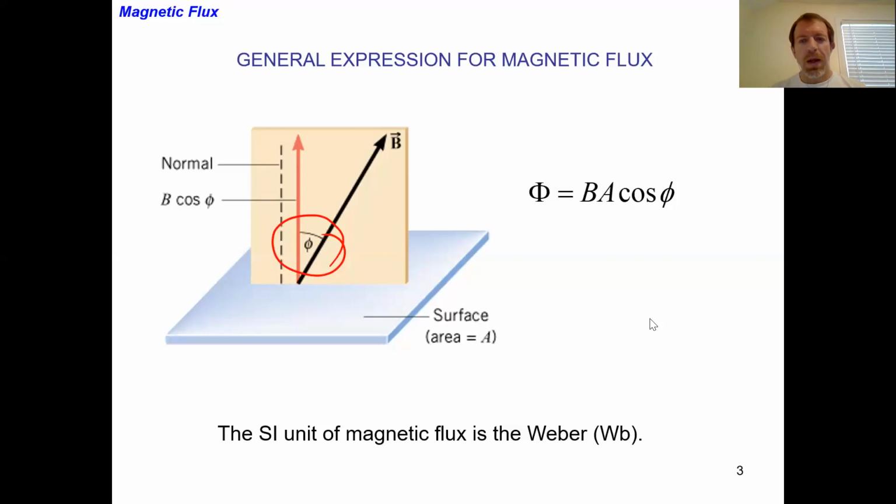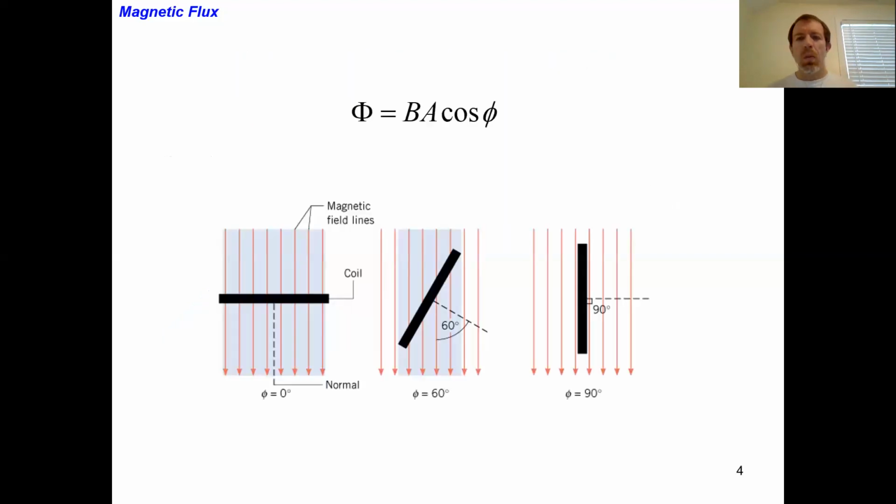All right, so there's our formula. Weber is the SI unit for magnetic flux. We can see that if I've got my coil so that the perpendicular to the coil is in the exact same direction as the magnetic field, then I'm going to have all kinds of field lines penetrating through there.